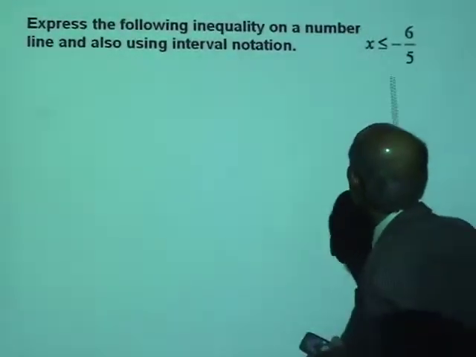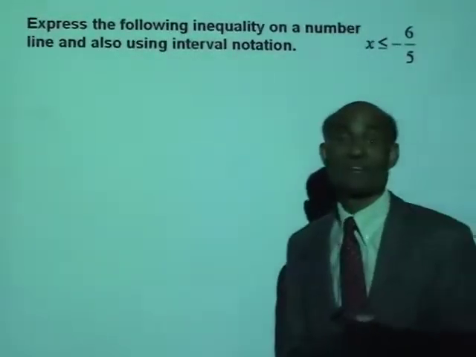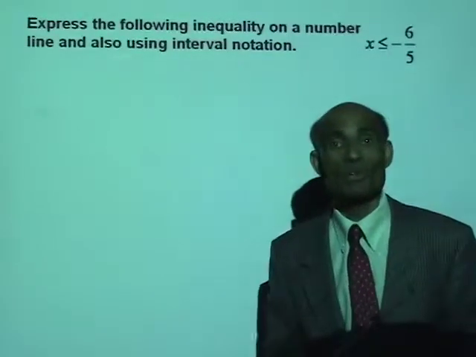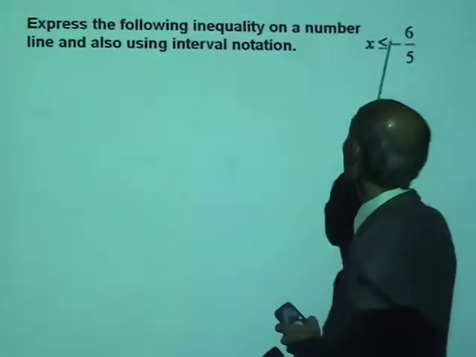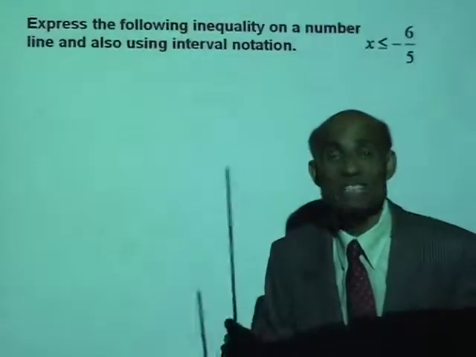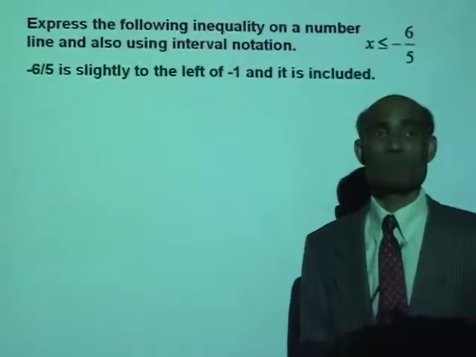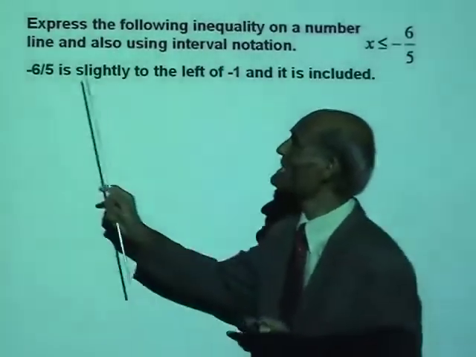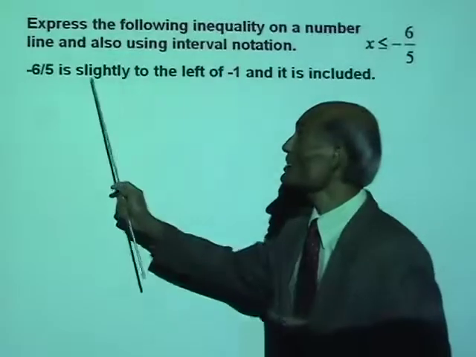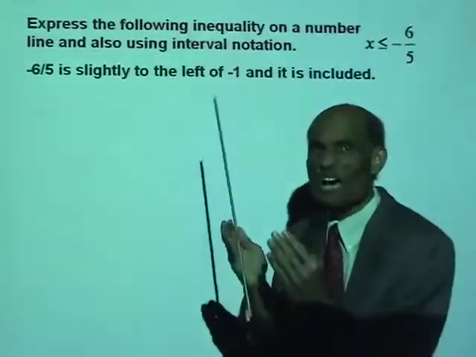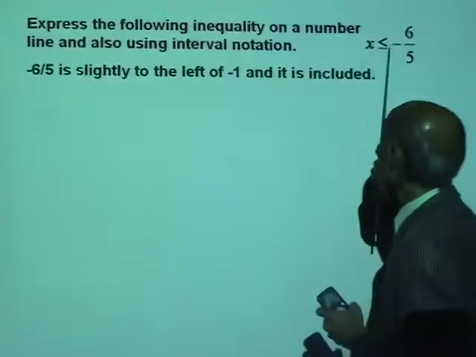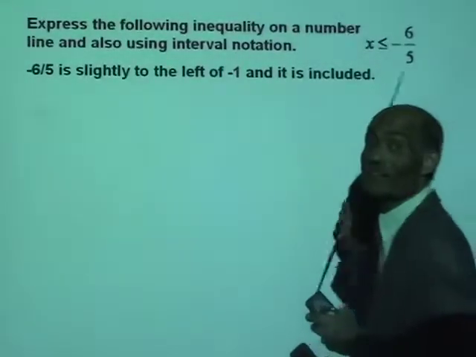Express this on the number line and also using the interval notation. X less than or equal to -6/5. Now, where will you find the -6/5? -6/5 is slightly to the left of -1, and it is included.